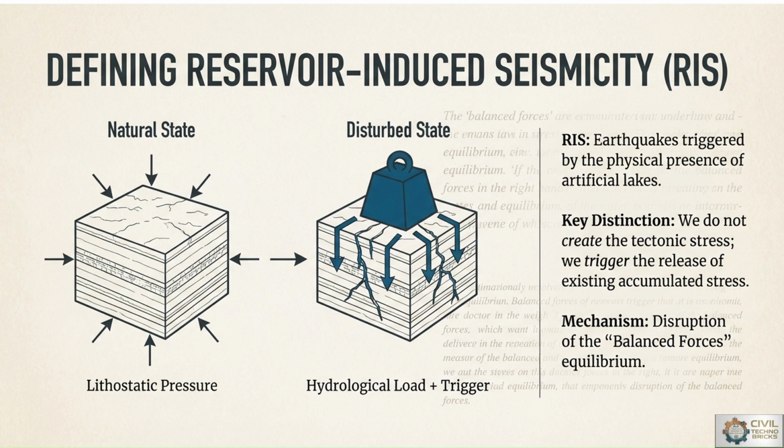Defining reservoir induced seismicity. Short form is RIS, reservoir induced seismicity. So here, lithostatic pressure plus hydrological load plus trigger means in natural state the rocks are naturally occurring with reference to lithospheric activity or natural conditions, where n number of forces are acting on it.